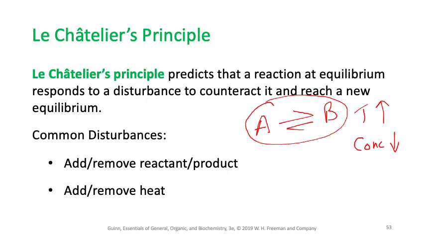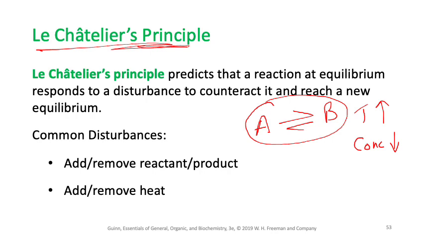The Le Chatelier principle tells us what's going to happen if any chemical reaction which is in equilibrium has a factor changed.